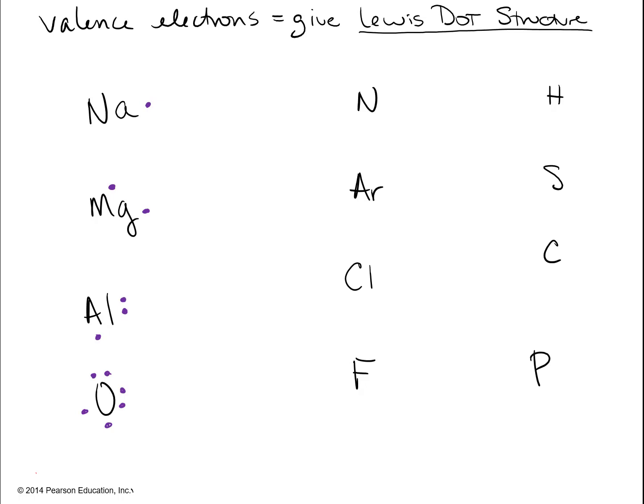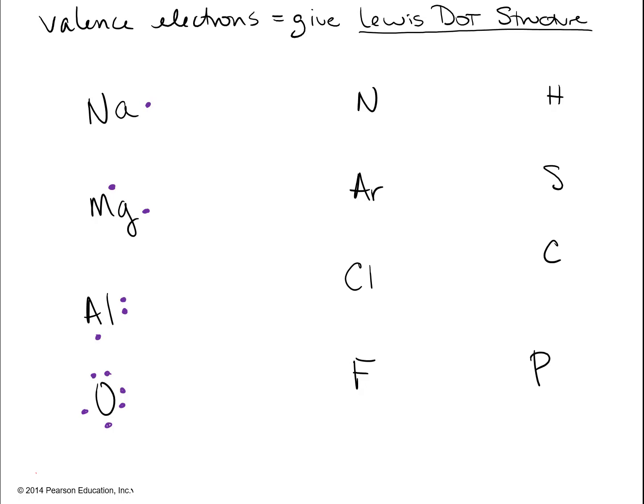Oxygen has 6, so 2 sides should have 2, 2 sides should have 1, but it doesn't matter which sides those are. If you put them top and bottom 2 and the sides 1 each, that's fine. Both tops have 1, 2 sides have 2, that's fine. It doesn't matter how they are, but do spread them out if you have 4 or more.